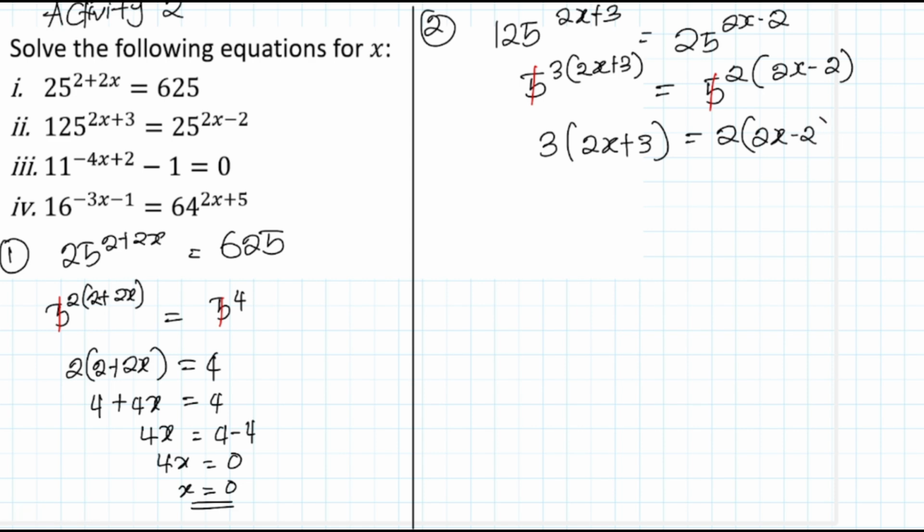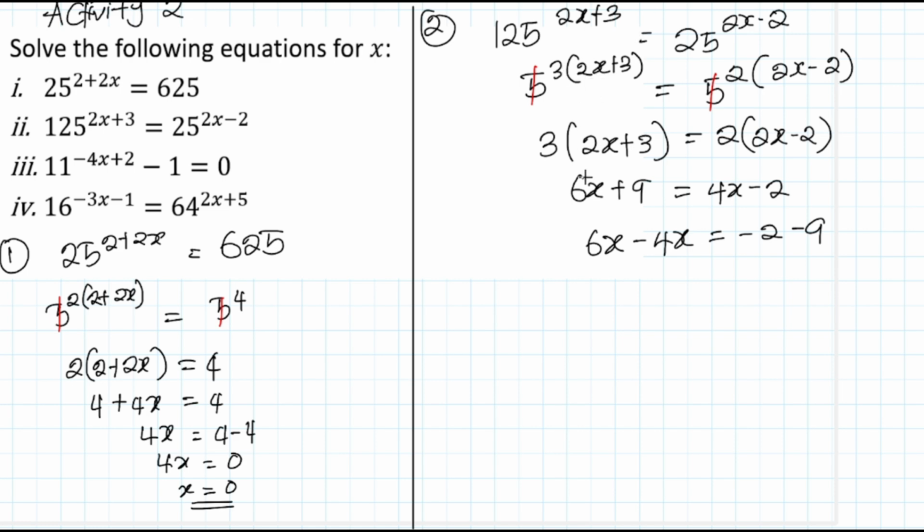So this is 2, guys. So this is 6x plus 9 equals 4x minus 2. So collect like terms, we have 6x minus 4x equals minus 2 minus 9. Are we following? Minus 2 minus 9 because we have 2x minus 2 here, and then we have 2x plus 3.